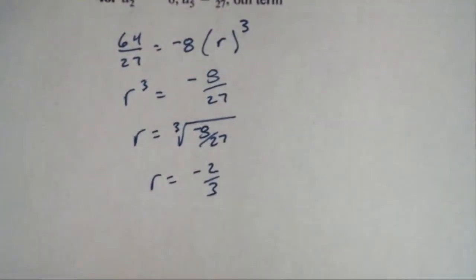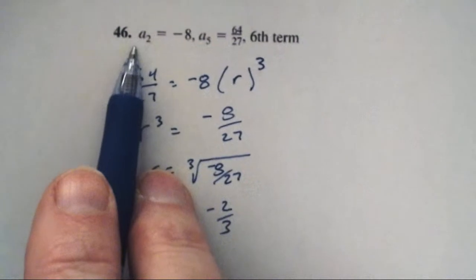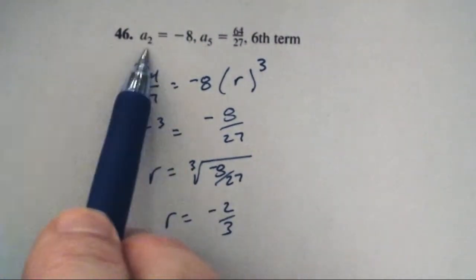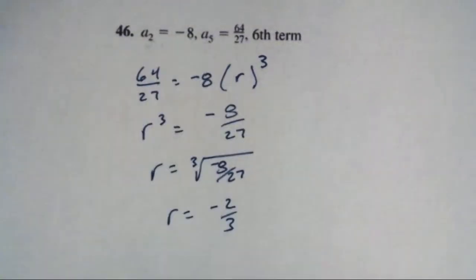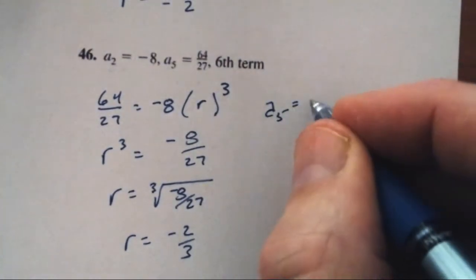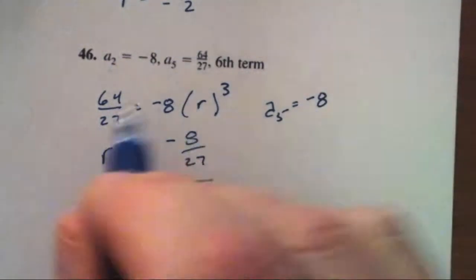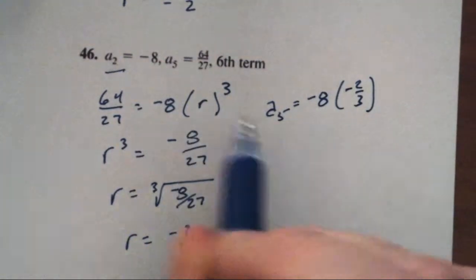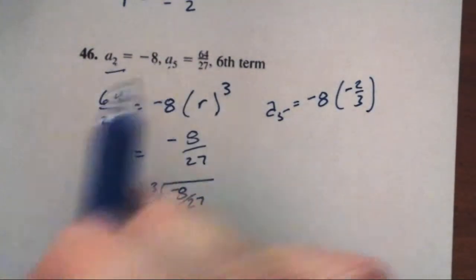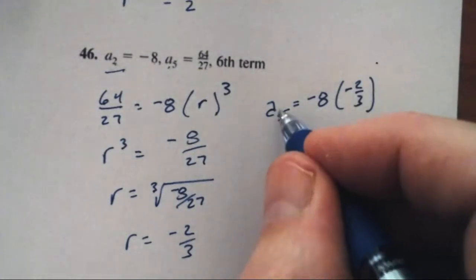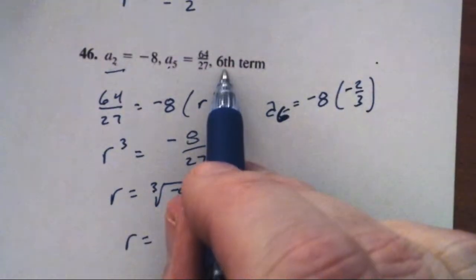So we could do this. We could find the first term, multiply by -3 halves and move backwards, and then use the first term to find the 5th. Or we could do this. We could say the 5th term equals the 2nd term times -2/3 to the, how many steps from the 2nd to the 5th? Oh, excuse me, the 6th term. We could say the 6th term, because that's what we're looking for.